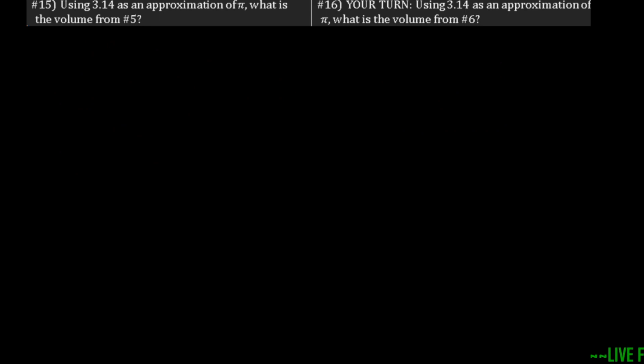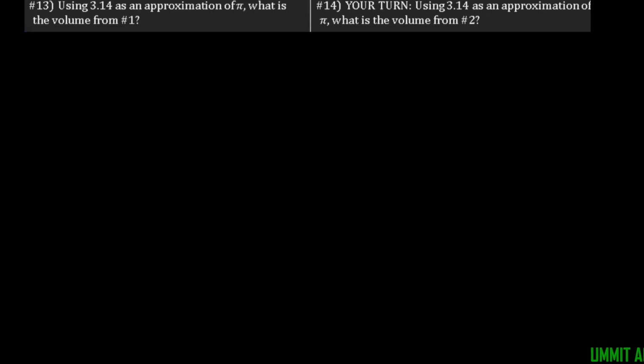All right, for number 15, it says, using 3.14 as an approximation of pi, what is the volume of number 1? So let's do that volume from number 1, but instead of pi, we're going to say it is 3.14.